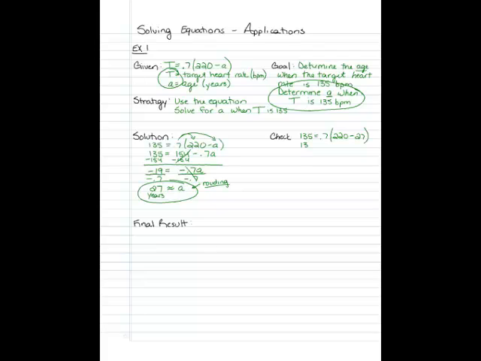So 135 equals, multiplying in here by the 0.7, 0.7 times 220, that's 154, minus 0.7 times 27 gives us 18.9. So 135 equals 154 minus 18.9. That gives us 135.1.